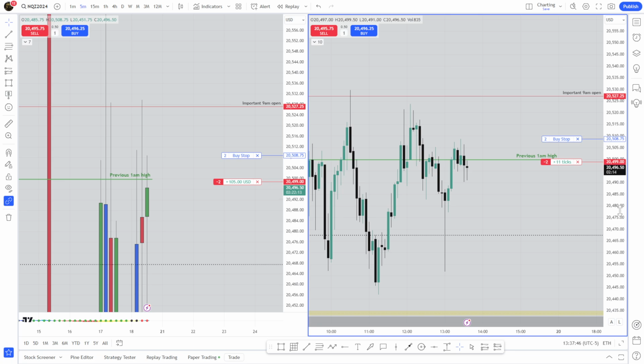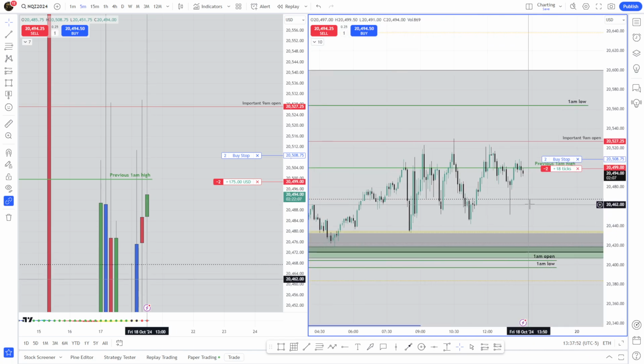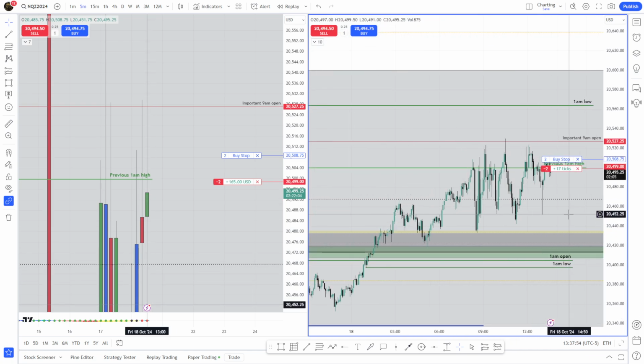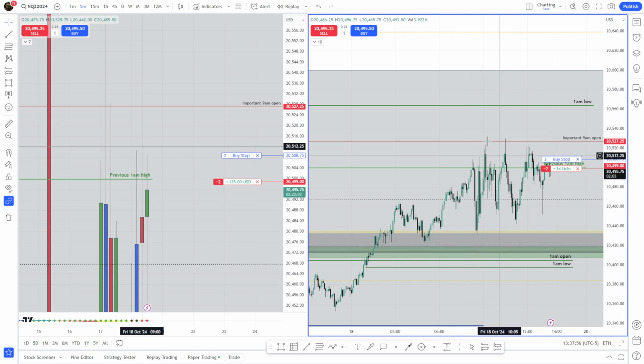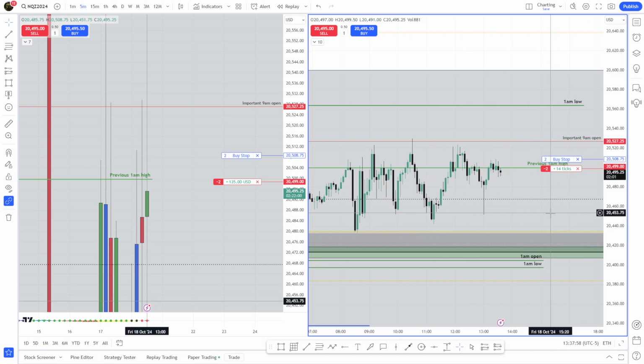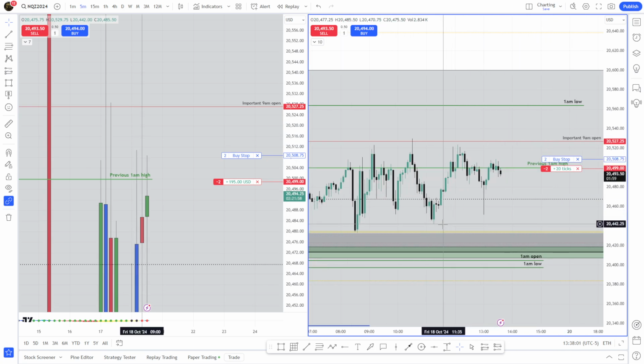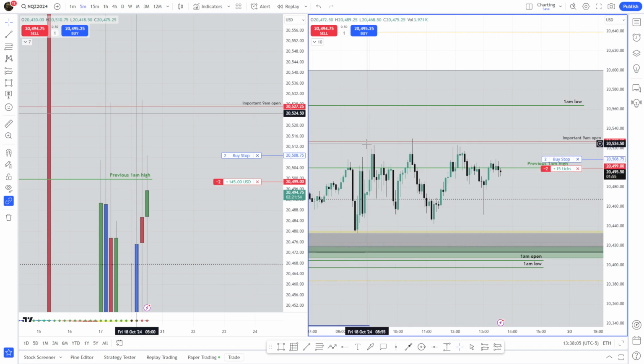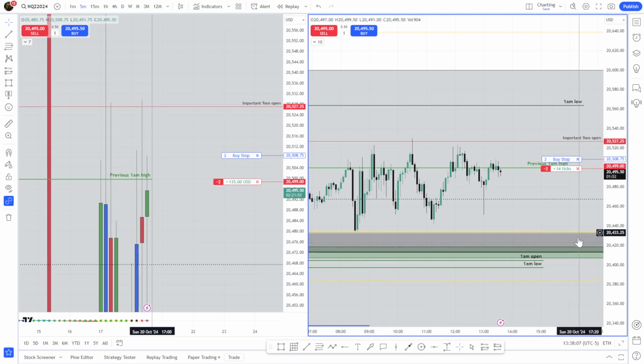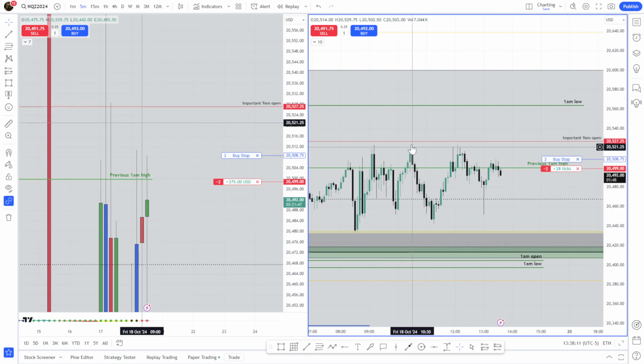OPEX can be really high resistance, and I think today's demonstrated that just by looking at this 5-minute chart. Like tons of overlap, really not going anywhere, unless you're playing the highs and lows of the range, and there's a couple timing plays like we talked about.